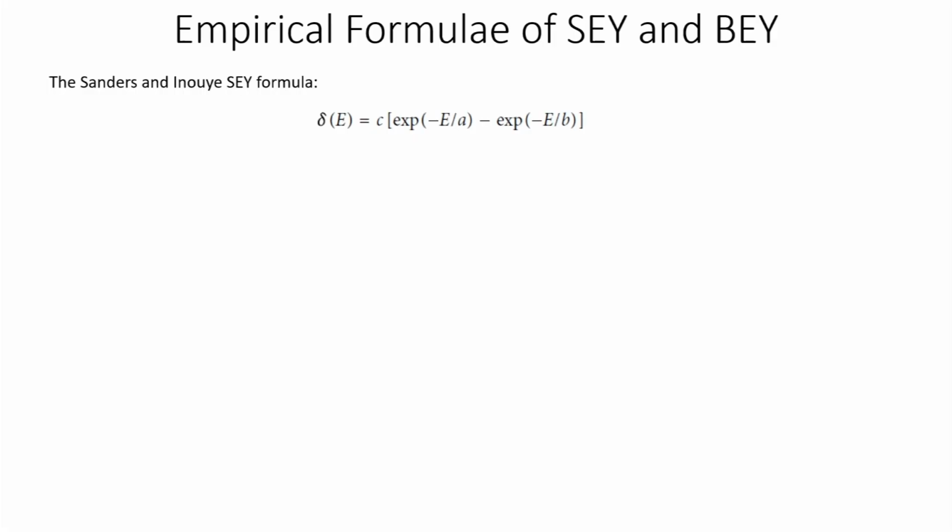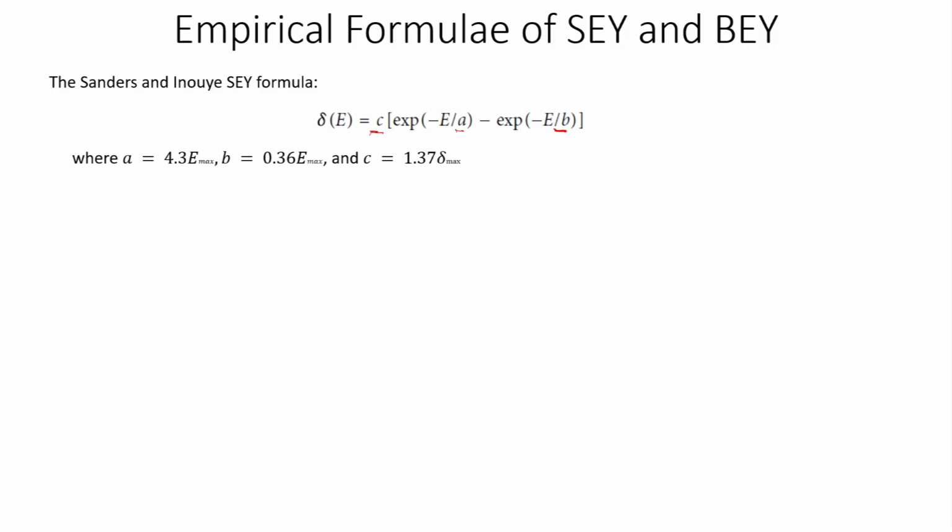This is the Sanders and Inouye secondary emission yield formula. Here you can find the distribution of the secondary emission yield, delta. If you know the coefficients A, B, C, you will be able to plot delta E as a function of the energy of the plasma species.